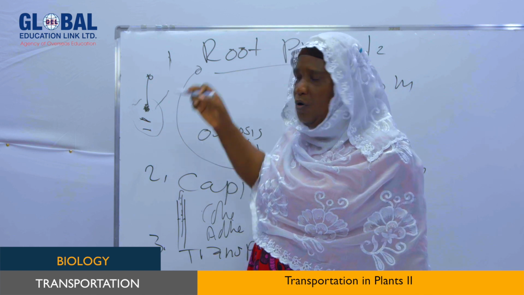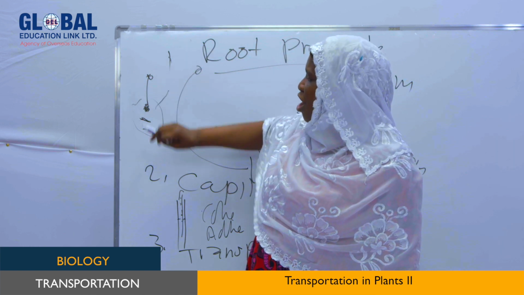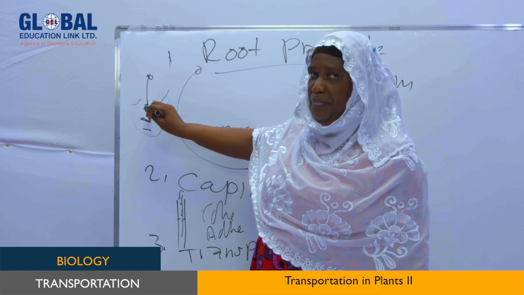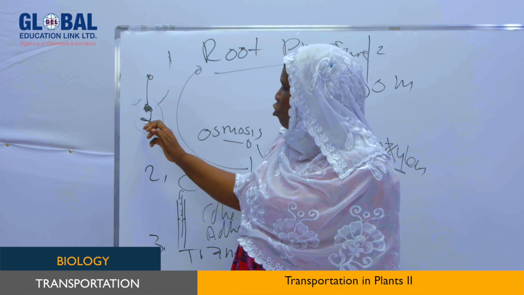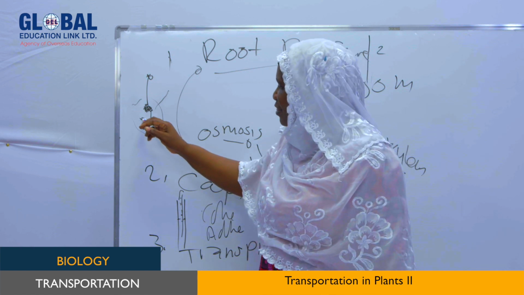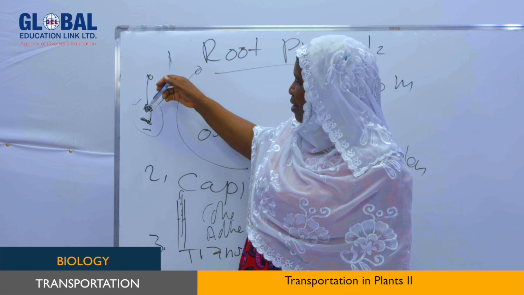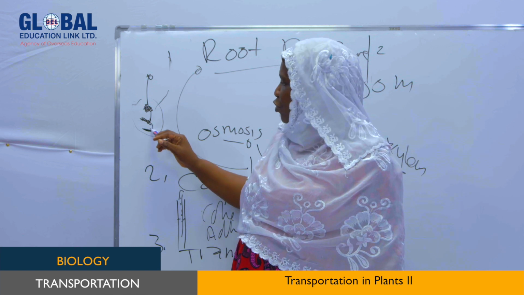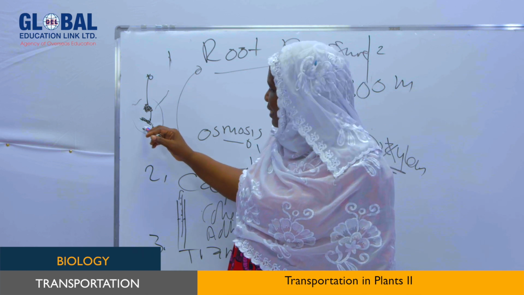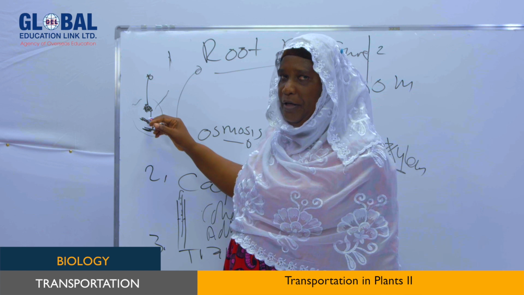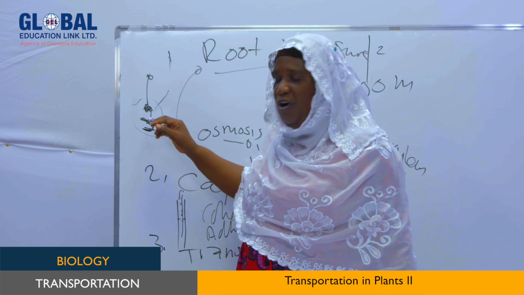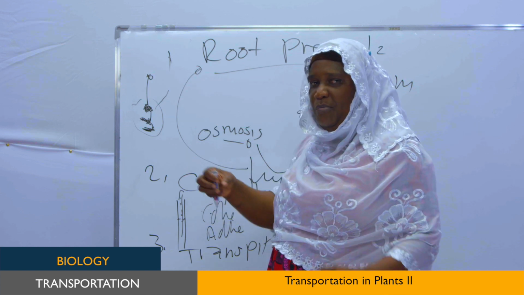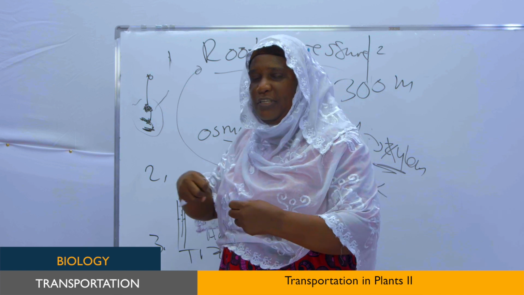Therefore, water will be drawn from here to this cell. And when this water molecule moves from this point to here, it also makes another water which is here to be pulled from this area to here. Because of what? We said that because of cohesion force, these water molecules are pulled to each other.